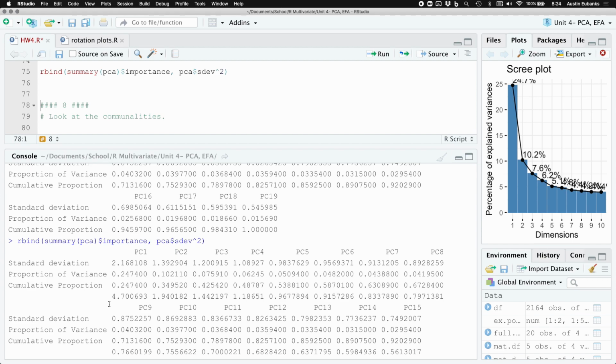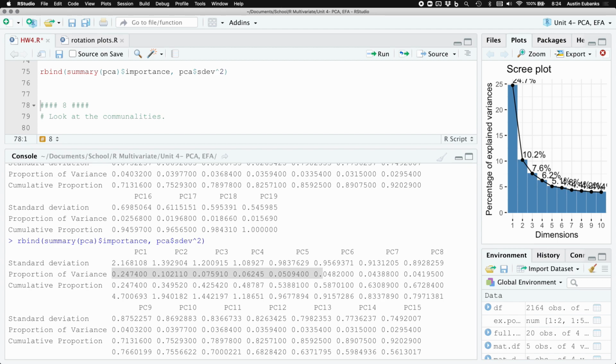It's the variance explained in the x variables by that component. The second row is the proportion of variance in that component, and the cumulative proportion is overall how much variance in the x values is being explained by the extracted components. So we have everything in one table.